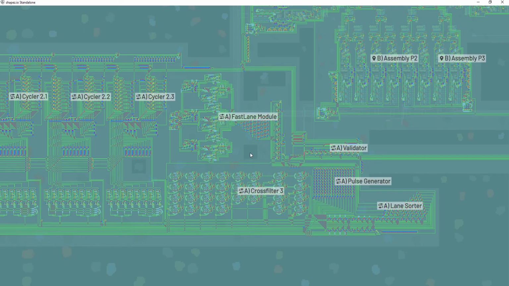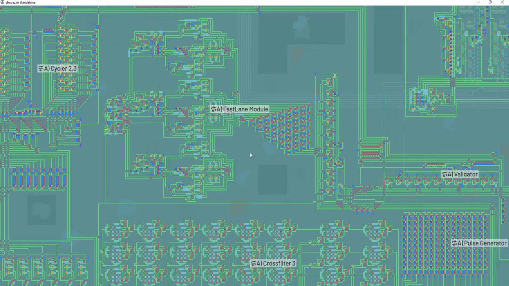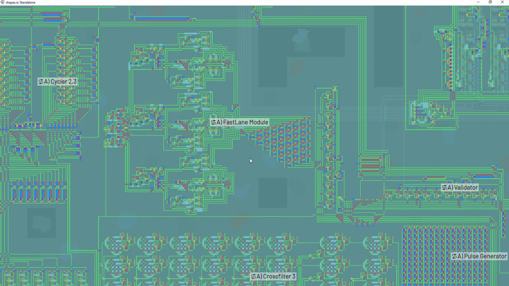Now, the FastLane module is a relatively simple module. If you look at it, it might look big and complex, but it's a one-shot module. So it doesn't involve any of those complicated rotation mechanics or wiring maneuvers in which you let the output of the machine loop back to its input or anything.